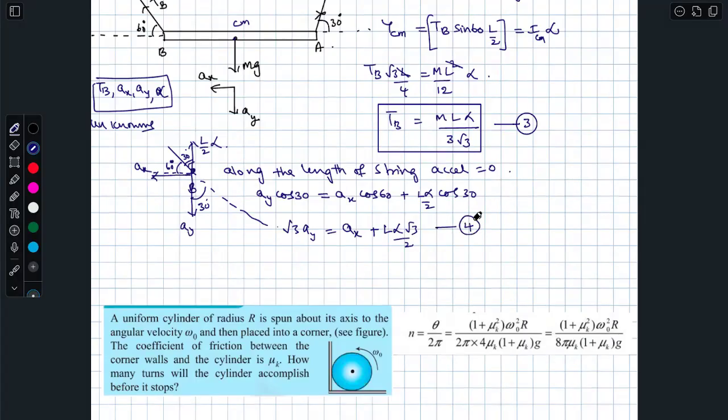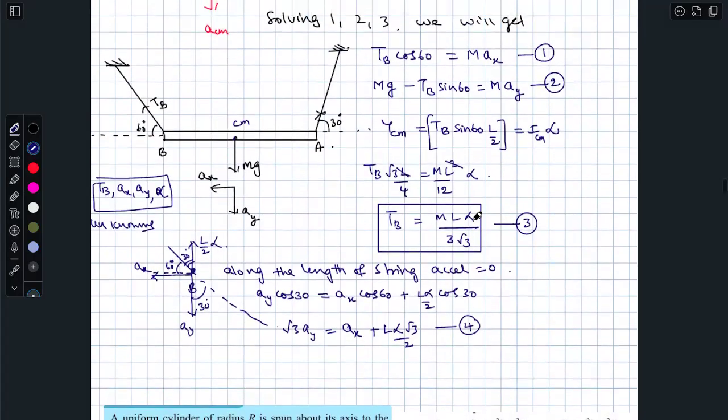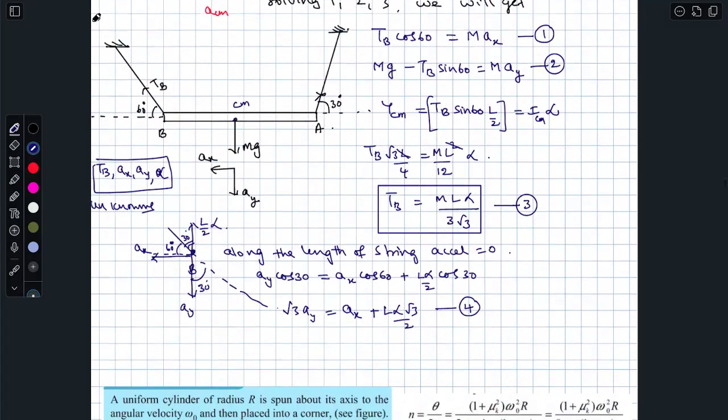Now you have 4 equations and 4 unknowns. By solving 1, 2, 3, 4, you will get the required answer. Now please everyone go through this question and tell me, do you have any doubt in handling this? Every student in this class, please answer. All these are applications of torque equations. Jnaneswari, any doubt? No, sir. Dakshesh? No, sir.